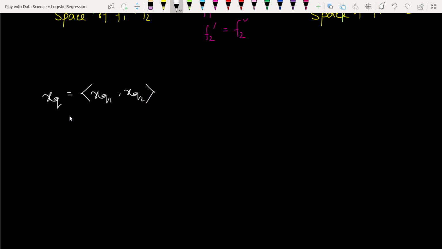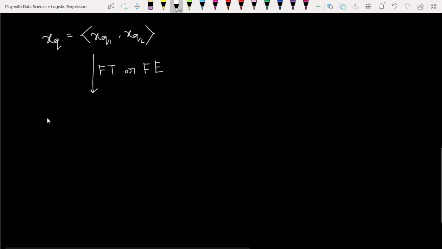By using our feature transformation or feature engineering, we convert this data point to xq dash, that is xq1 dash and xq2 dash.